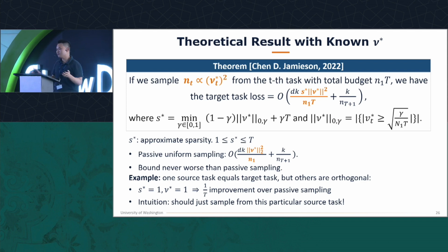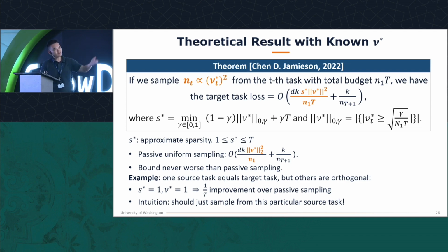Then you waste most of your data because you are sampling from tasks orthogonal to the target task. So what you should do is use all your budget to sample from this one particular task that equals the target task. Then definitely you will have a 1/T improvement in terms of the sample complexity. That's the intuition.